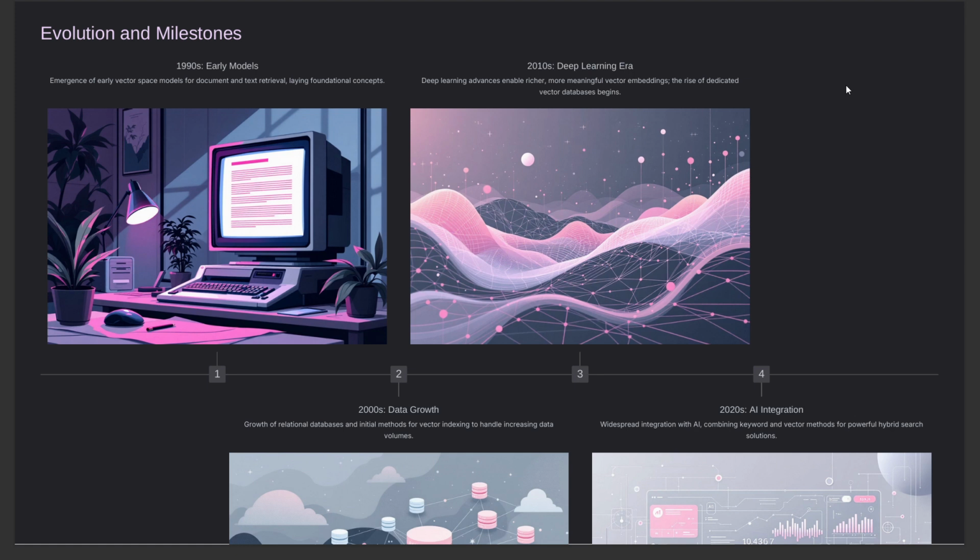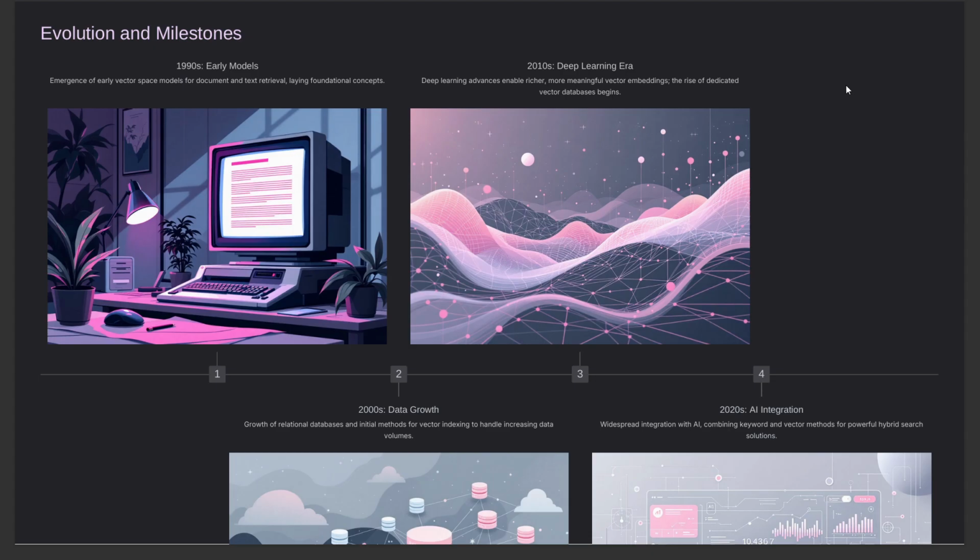Now we learn about evolution and milestones. Vector similarity search did not appear overnight, it evolved gradually over decades. 1990s, early models. This was when early vector space models were introduced for text retrieval. They laid the foundation for how we represent words as mathematical entities. 2000s, data growth.